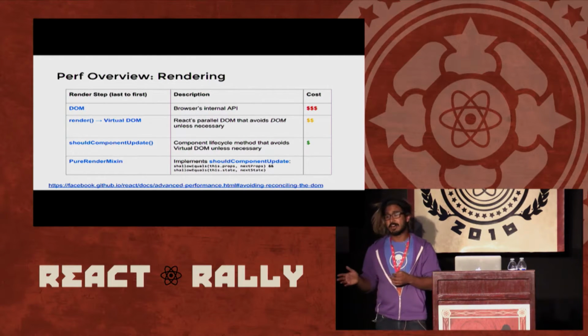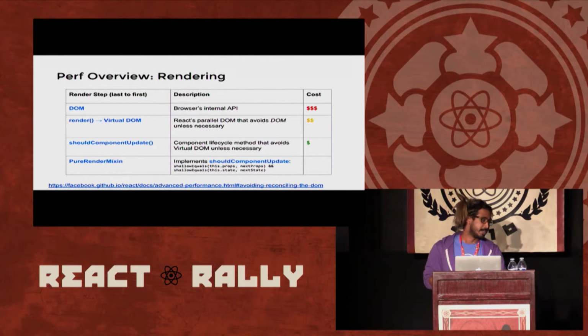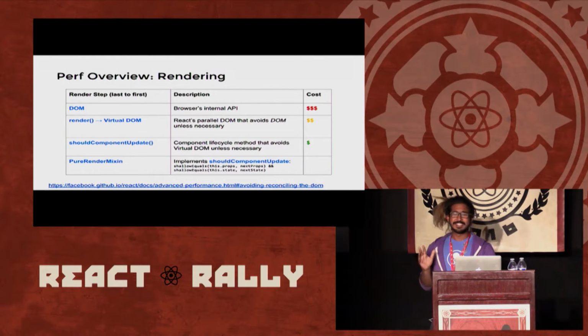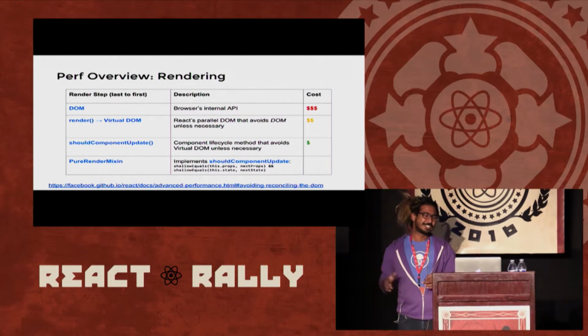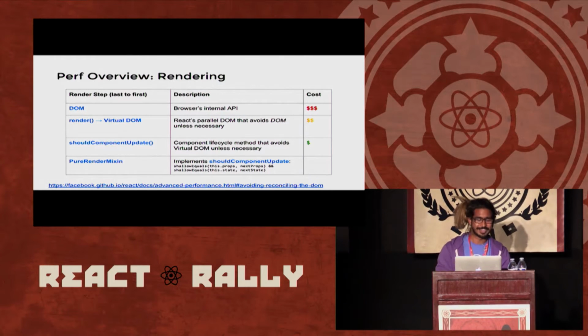And you can say with confidence that I can just tell React, don't even bother rendering. And that's where PureRenderMixin comes in. It really just implements this shouldComponentUpdate method, which is these two shallow equals comparing props and state. There are a few other flavors of this now. I think in React 15, it's PureComponent, and there's some other things. I'm not really familiar with that.